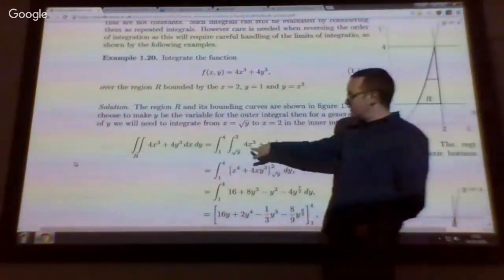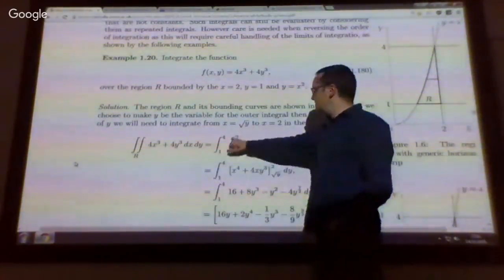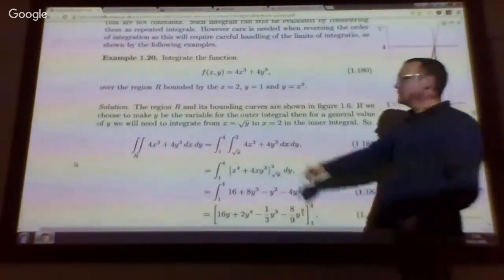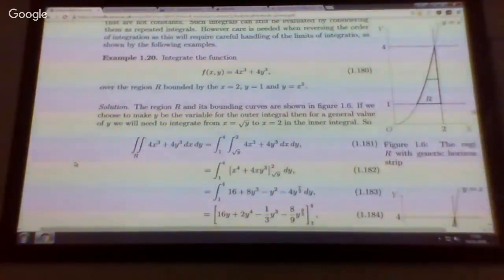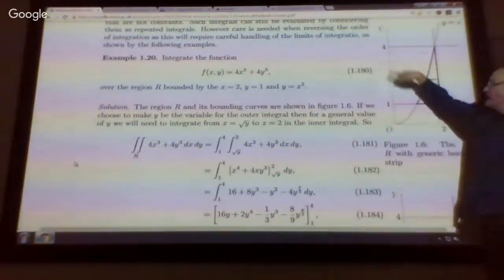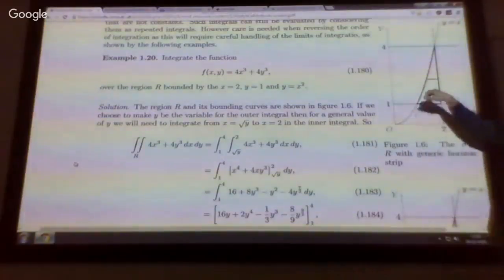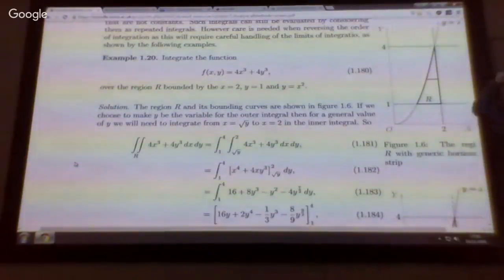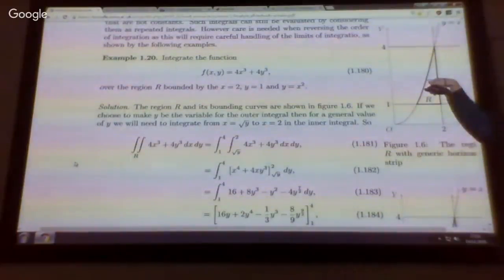But then you look at the inner integral. Now remember, what is this inner integral? This inner integral is giving us the area of a cross-section through the cylindrical region above the plane located at a particular y value. So we think of a general y value between 1 and 4. I've marked a cut here that you might slice the thing through by this light gray line.